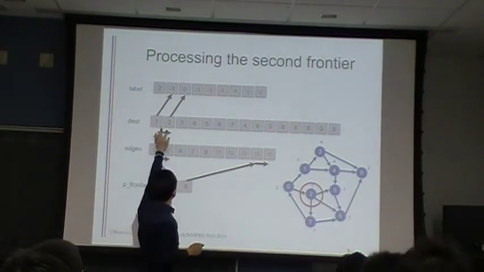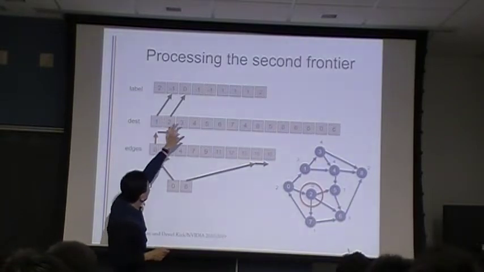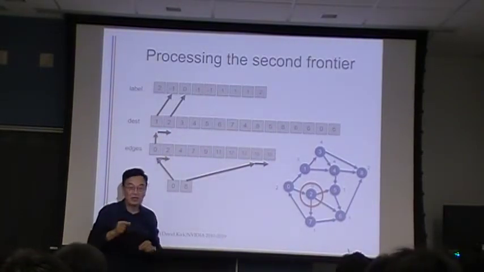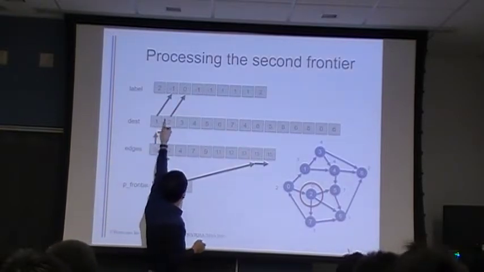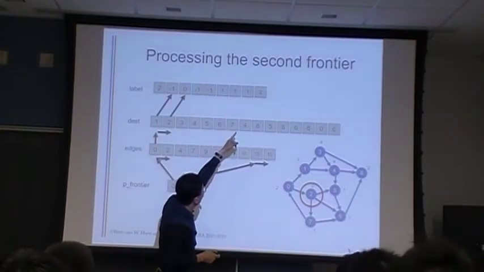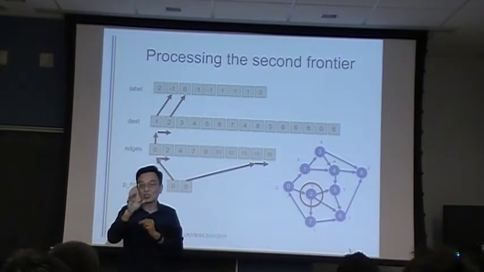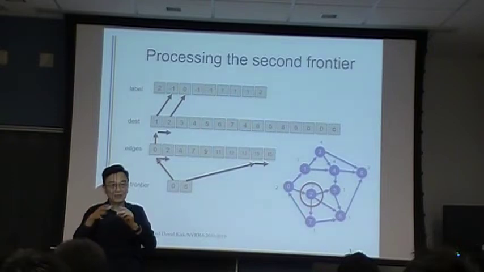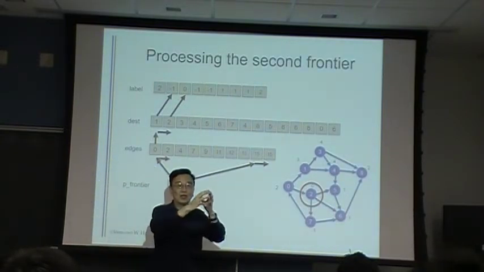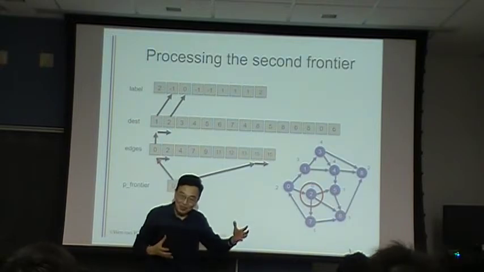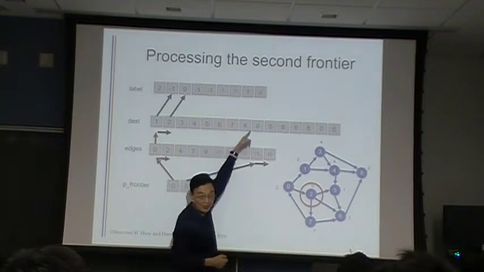So I know that 1 and 2 will go to an array where I'm going to be labeling all these nodes. So I'm going to have from node 0 to node 8, and every one will have a label. I will start with -1 when I begin the process. As soon as I realize the first one-hop nodes, I will mark them as 1. So that's why I have 1, 1, 1 there.